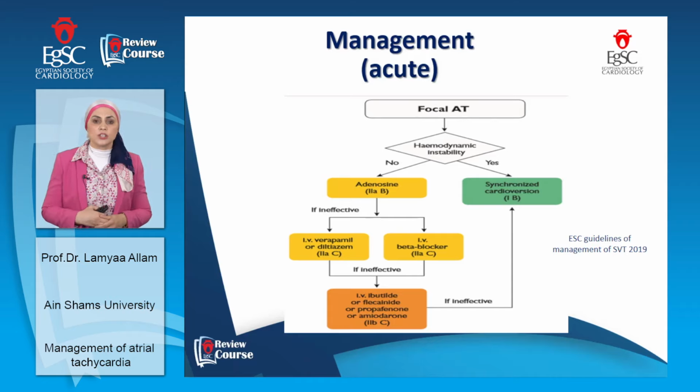If these medications are ineffective, I will give him antiarrhythmic drugs, as I said before, either class 1C or class 3. And this management is according to the latest guidelines published by the European Society of Cardiology in 2019 for management of arrhythmias or supraventricular tachycardias.